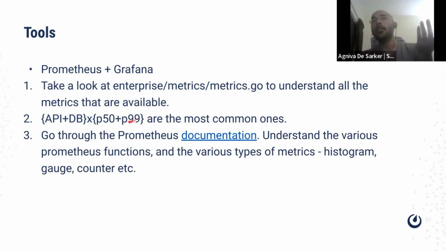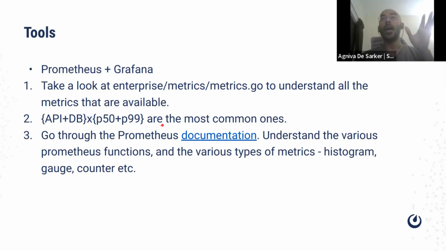And of course, you have your API latencies and database store latencies, and getting the P50 and P99 metrics are the most common ones to understand the variation in the latencies.